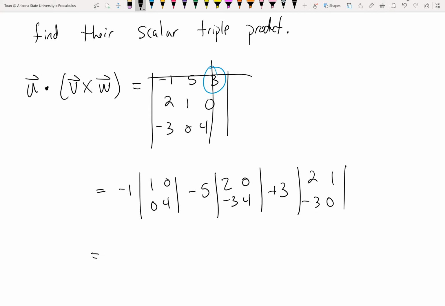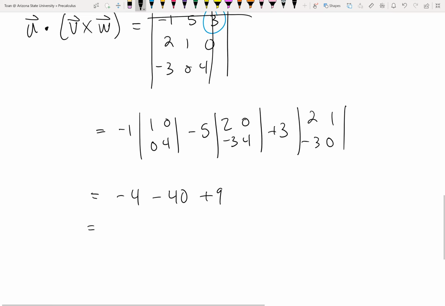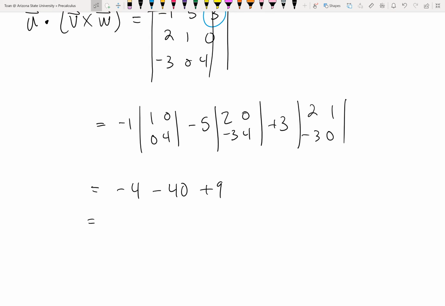So what is that? That is 4 minus 0, so that's -4. This is going to be 8 minus 0, so it's minus 8 times 5, that is 40. And this is 0 minus, so that's going to be a positive 3, so it'll be plus 9. So what is that? That is -44, so that is -35. Right, there you go. There's the scalar triple product.